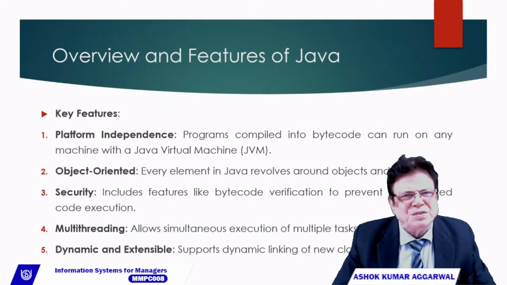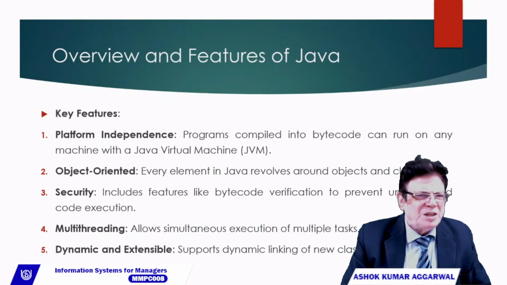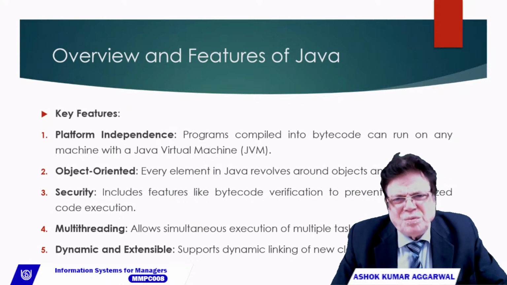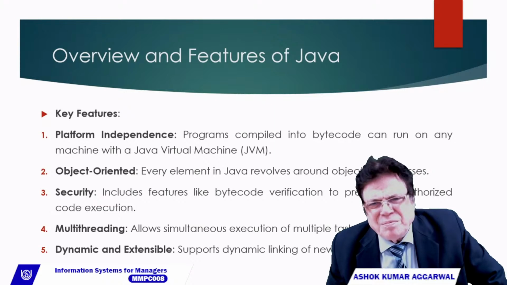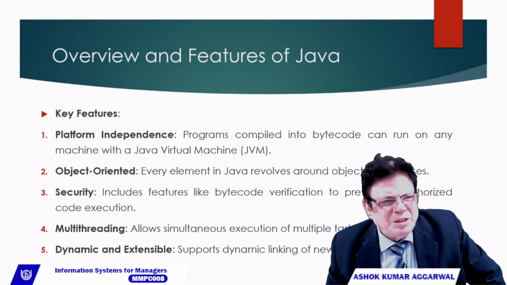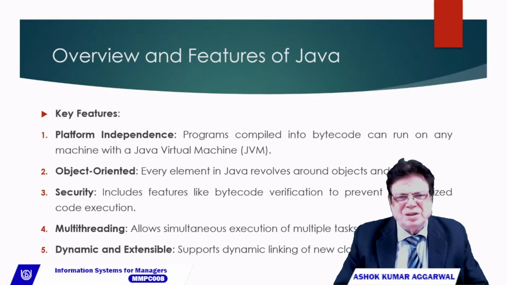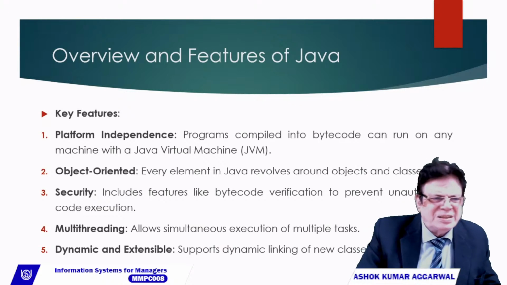Key features of Java. Number one is platform independence. Programs compiled into bytecode can run on any machine with a Java virtual machine. Object-oriented: every element in Java revolves around objects and classes.